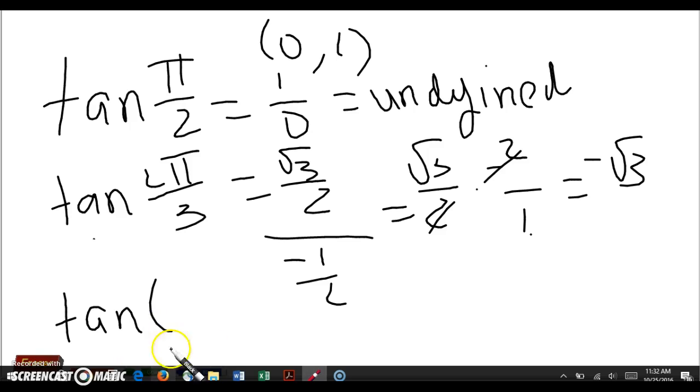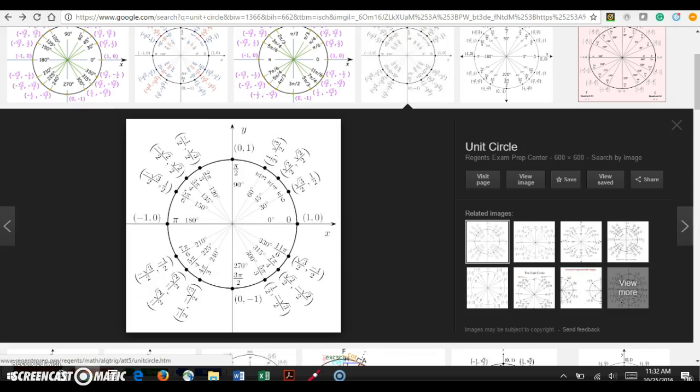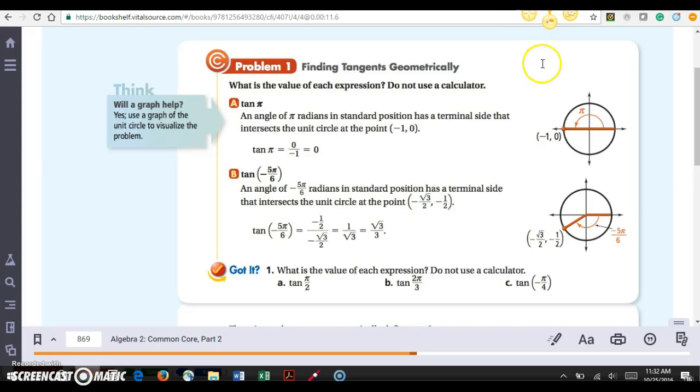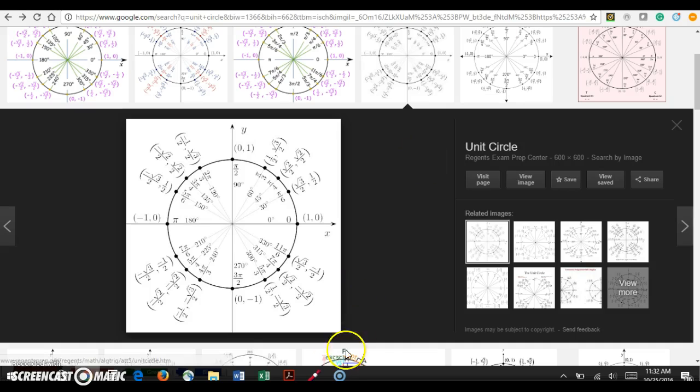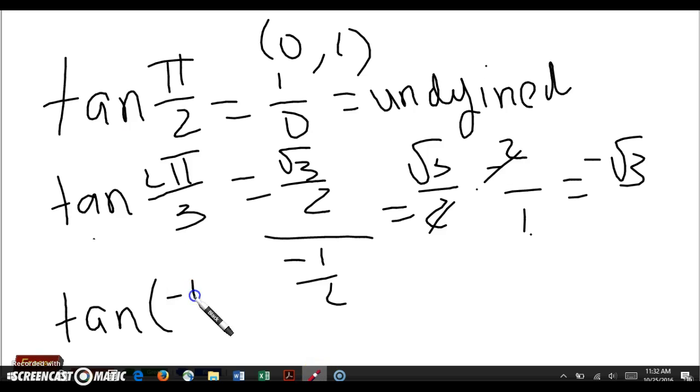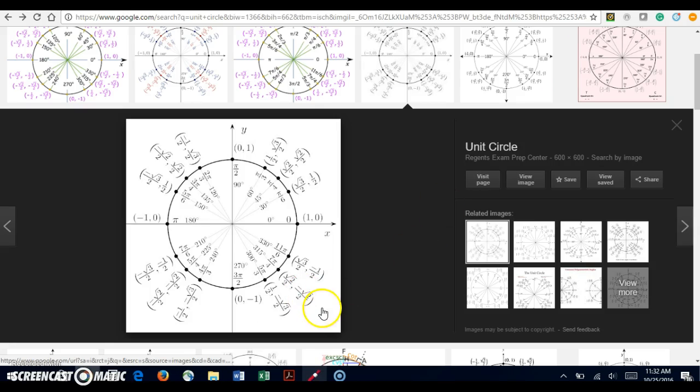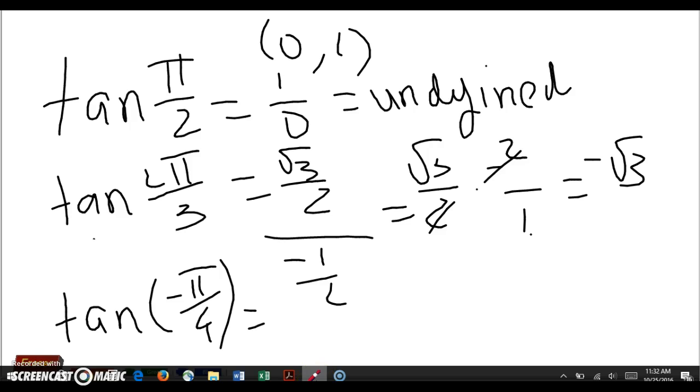I forgot what it said. Sorry about that. Negative pi over 4. And so, going back to my unit circle, I have negative square root 2 over 2 divided by square root 2 over 2, which is just negative 1. So I hope that this helps.